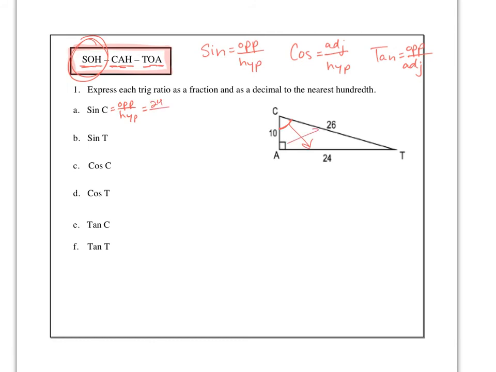Hypotenuse, 26. Remember, hypotenuse is always the longest side. So there's our fraction. Now we also have to do the decimal. So 24 divided by 26. Type that in your calculator. I got 0.92. Will you please pause the video and try the rest of these and then unpause the video when you're done?